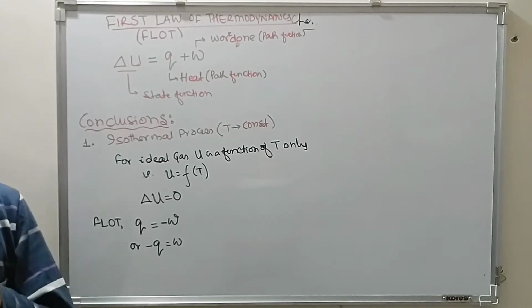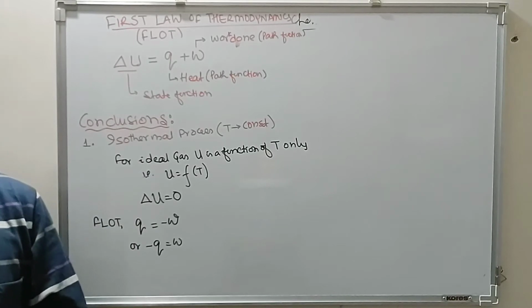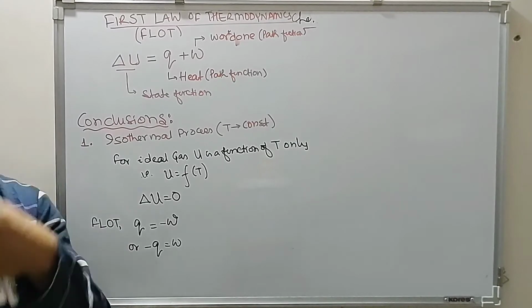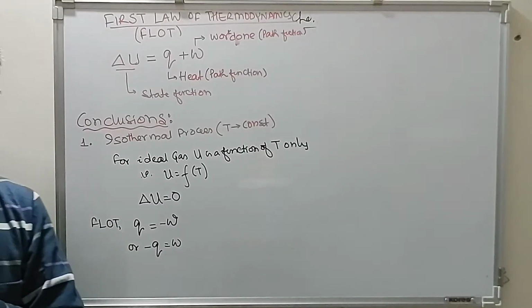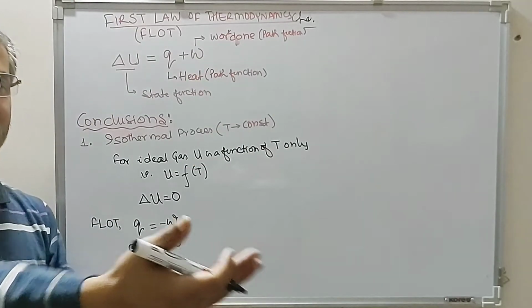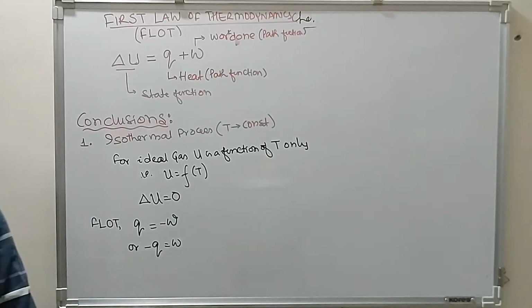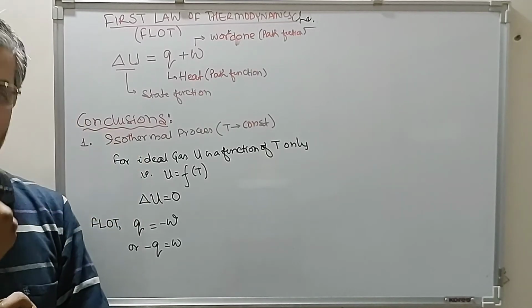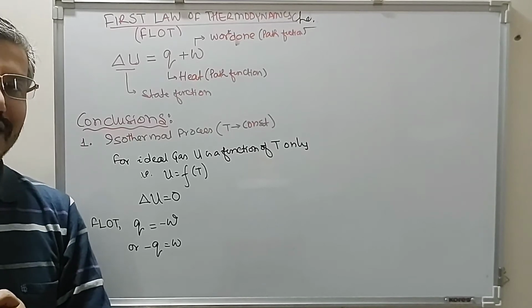That means if the system is doing work on the surrounding, then the system has to absorb a corresponding amount of heat from the surrounding. Or if the surrounding is transferring heat to the system, then the system has to do corresponding work on the surrounding. I repeat the sentence again.